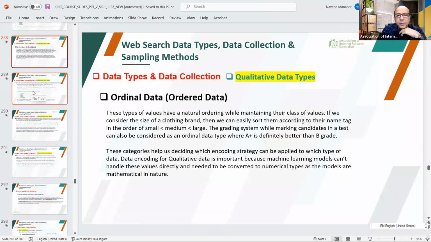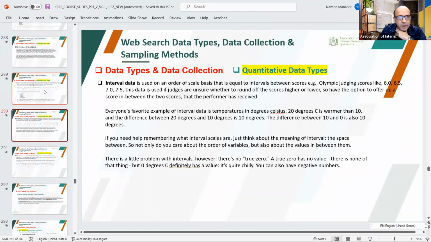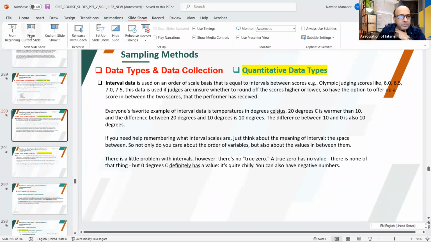Okay, so continuing with the data types, I will now talk about the quantitative data, or how you are going to differentiate between the types of data that work in the quantitative analysis. And there is something called the interval data.